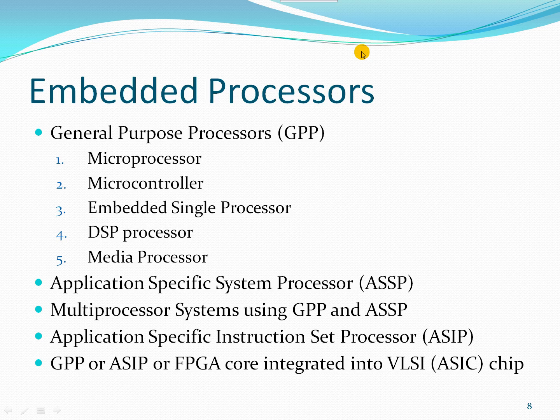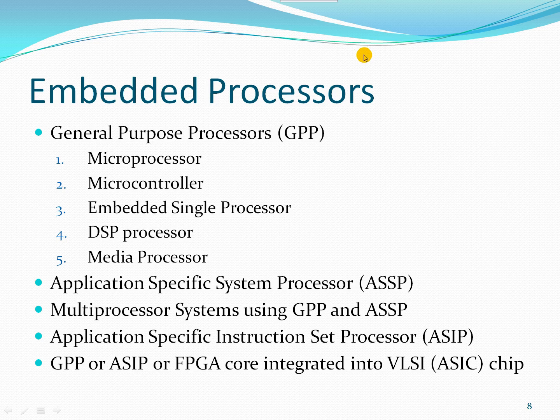The fourth category is the application specific instruction set processor, and the fifth is a general purpose processor or application specific instruction set processor or FPGA core integrated into a VLSI chip. That is, ASIC integrated FPGAs, where in the ASIC integration we may have FPGA or GPP cores. Depending upon the application, we will integrate one or two from this list.